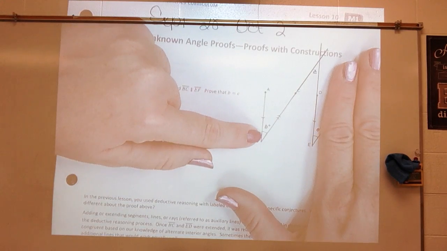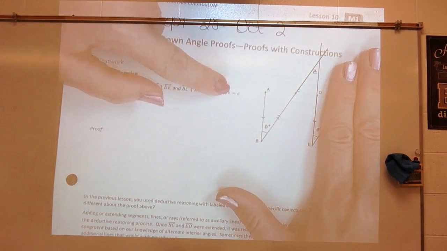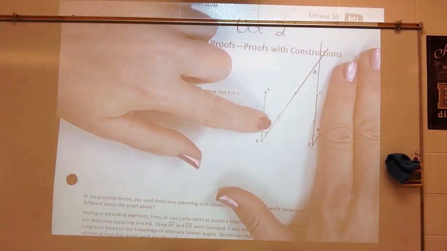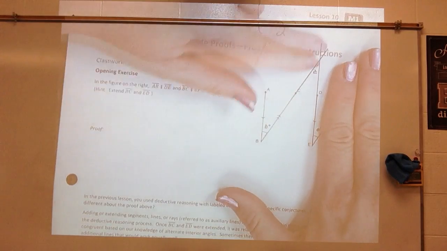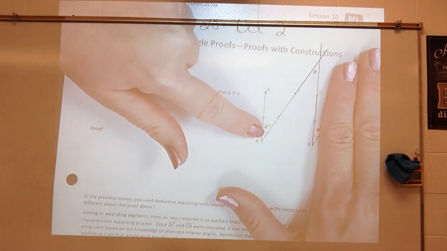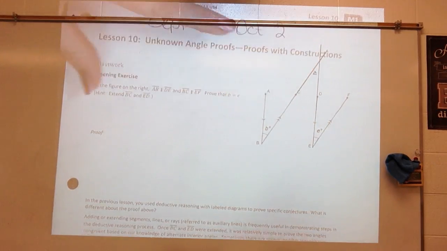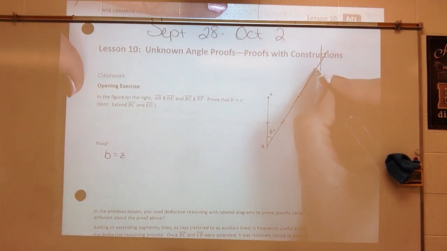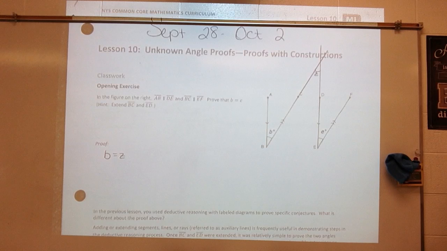I am given angle B. I'm trying to prove that B and E are equal. So I want to see if there's anything I can prove here that deals with angle B. I know that angle B is congruent to angle Z, or is equal to Z. Why? Well, if parallel lines are cut by a transversal, then alternate interior angles are equal in measure. They are alternate interior angles.